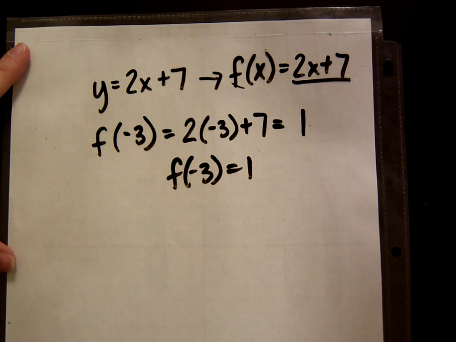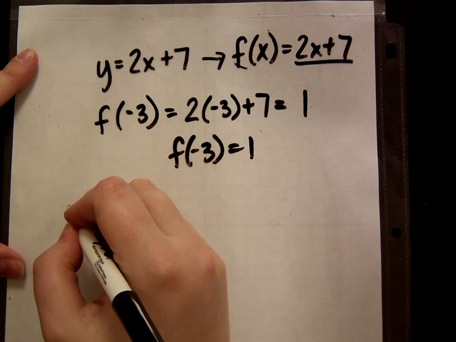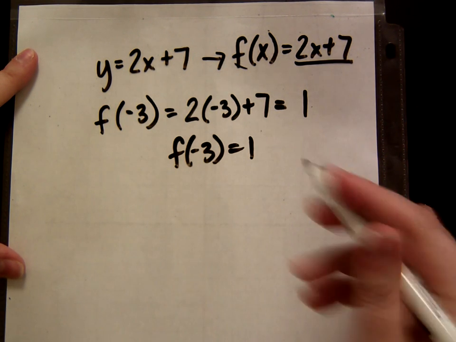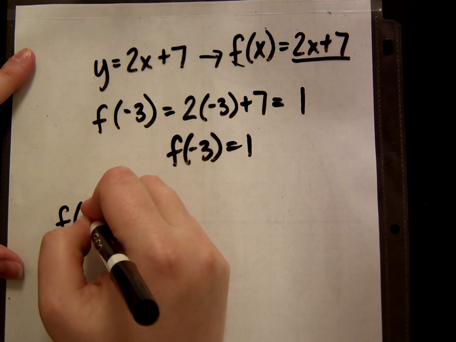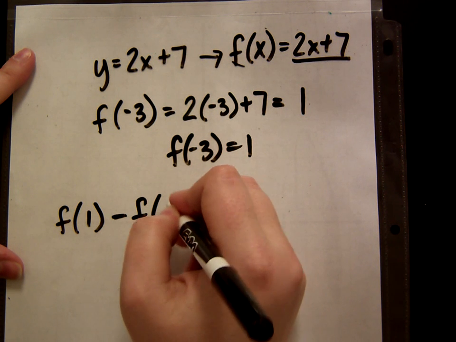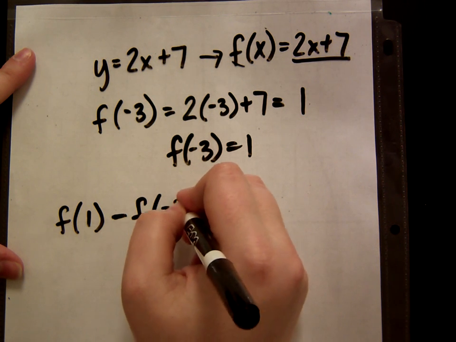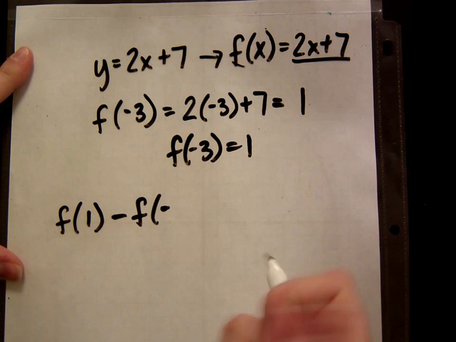So let's say I had 2 functions. Actually, you know what? Let's just keep the same function, 2x plus 7. Let's say I had something written like f of 1 minus f of -3. Well, let's change it. We already have -3. We'll do it over -5.